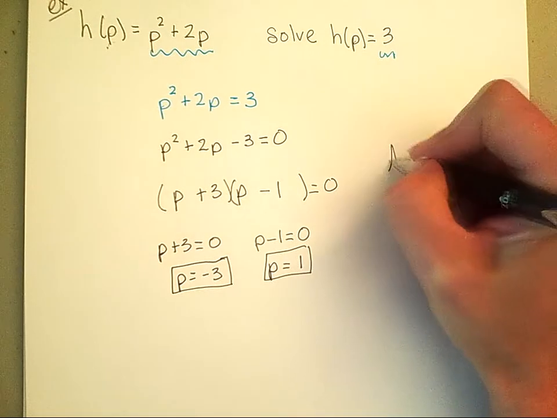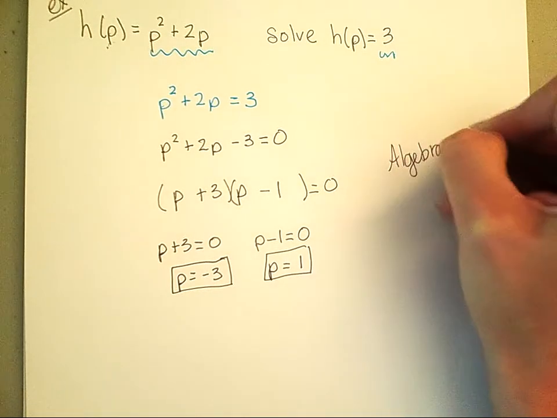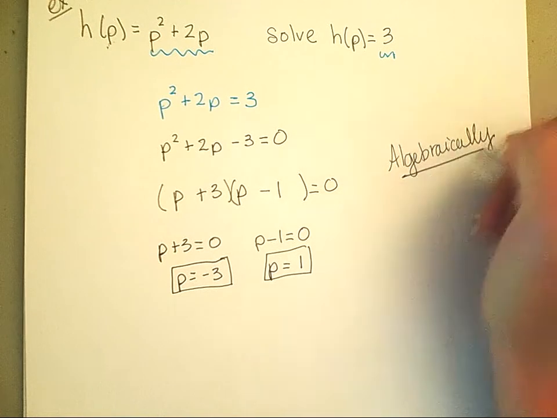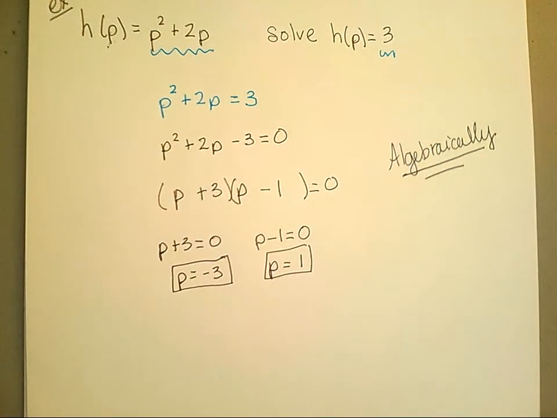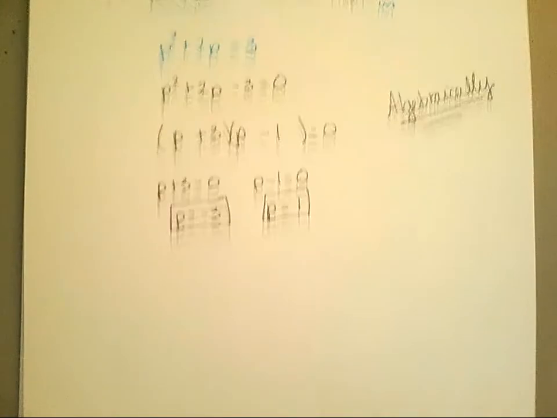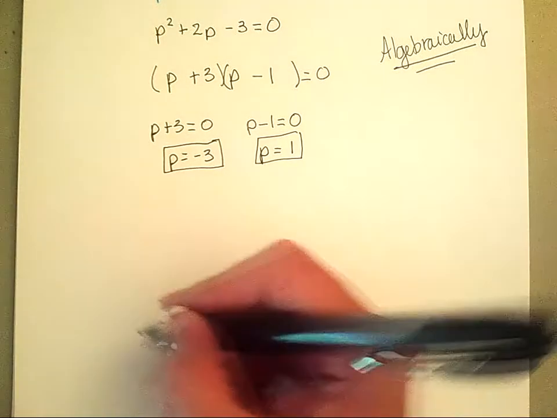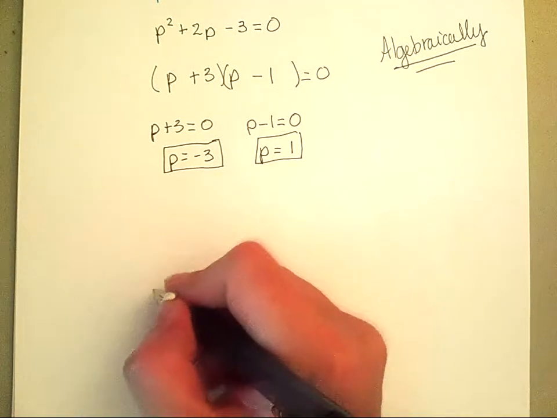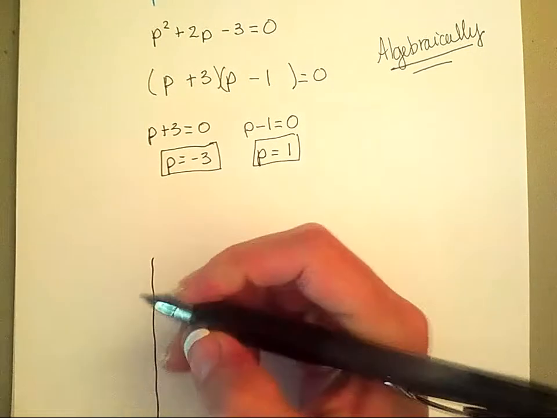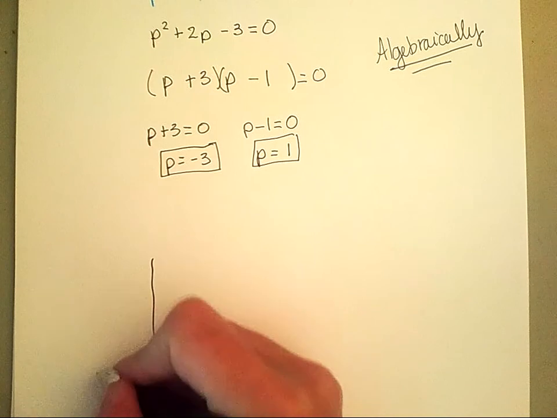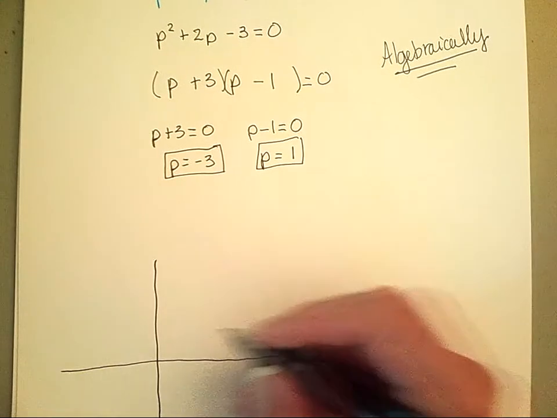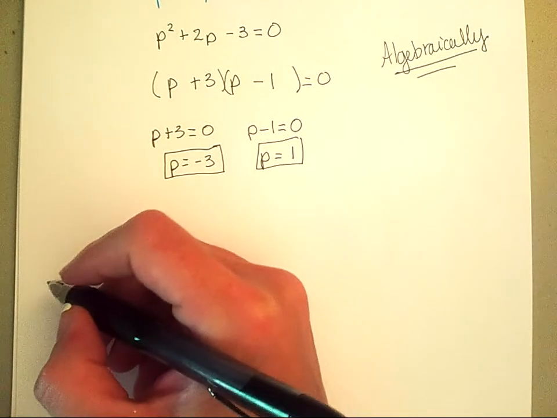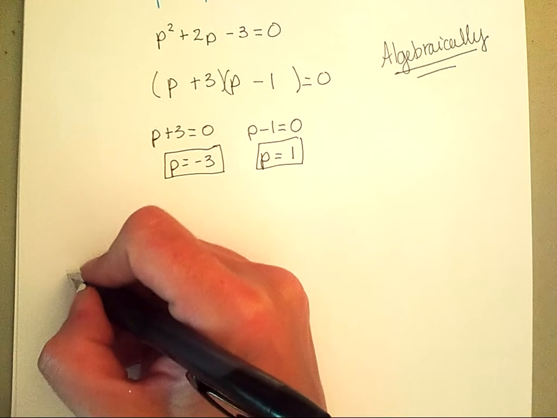So this is solving algebraically. It means put your pencil to the paper and do the algebra. However, let's say I was given a graph and it looked like so.